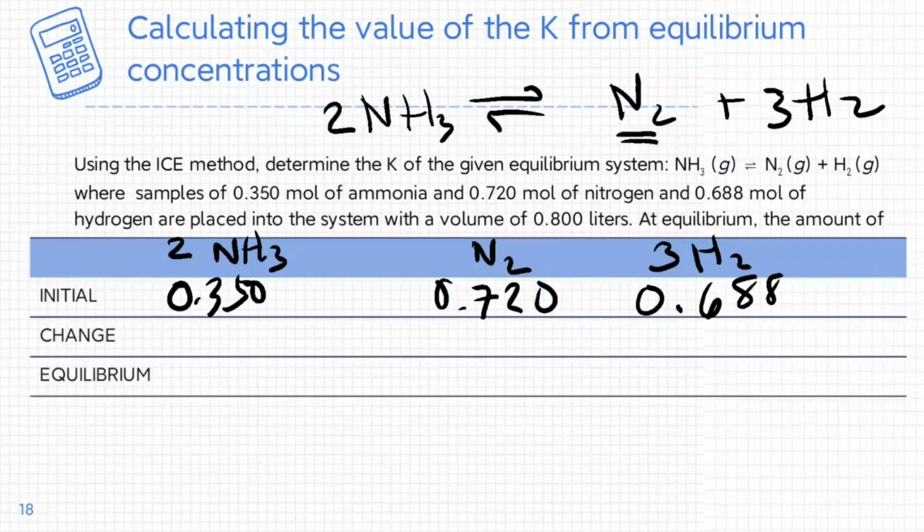Okay, wait lang guys. Okay, sorry, naputol siya, no? Pero dito at equilibrium, the amount of the ammonia is 0.336 daw. Okay, so 0.336.